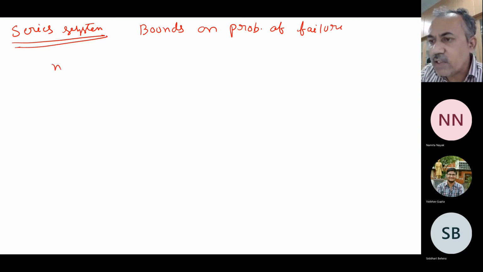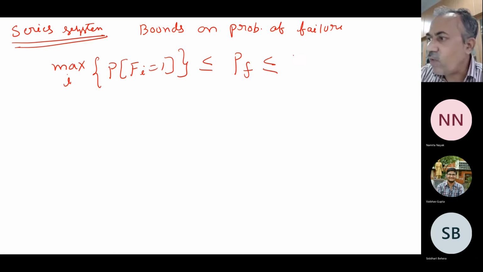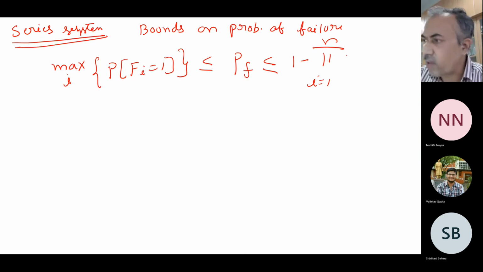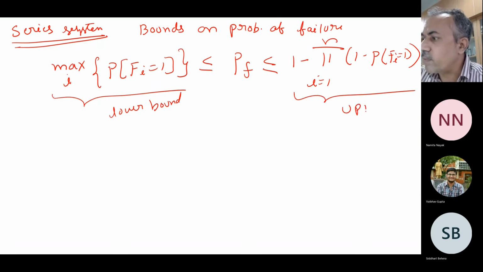So the maximum over i of the probability of Fi is less than or equal to the probability of failure, which is less than or equal to 1 minus the product over i equal to 1 to n of 1 minus the probability of Fi. So these are the bounds. This is the lower bound and this is the upper bound.